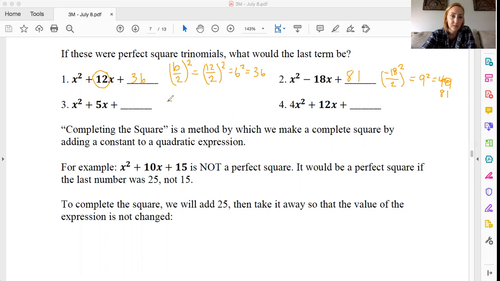With this guy, we're going to do 5 divided by 2, which is 2.5, and then squared, which is 6.25. Okay, and the same thing you're going to do here is you're going to multiply that guy by 4. Okay, so you're going to do 12 divided by 2, which is 6.